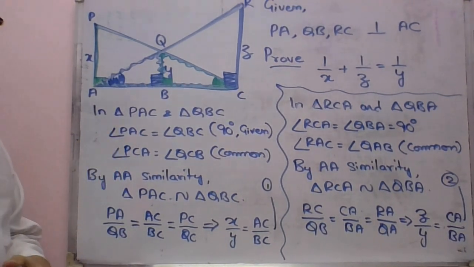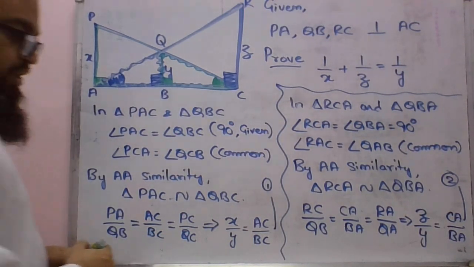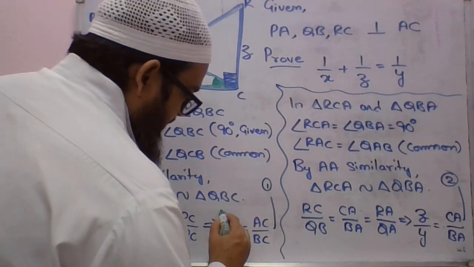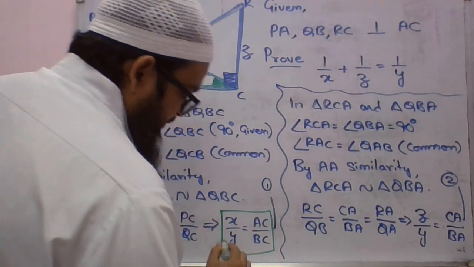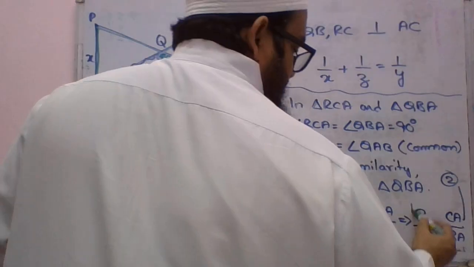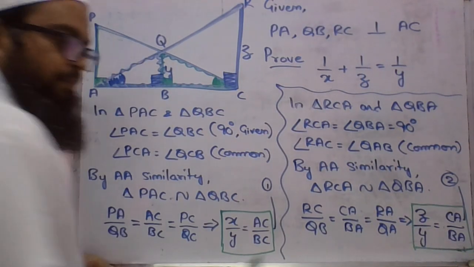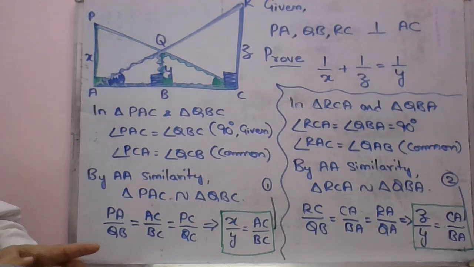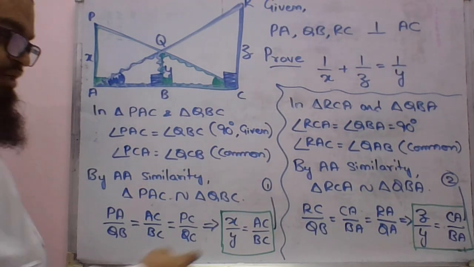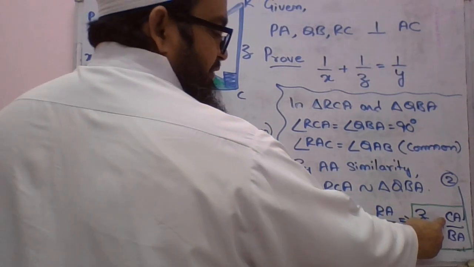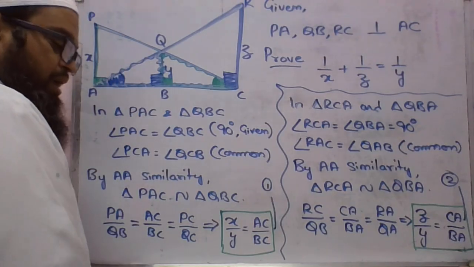Now, my dear students, what is the first equation here? The first equation is X by Y is equal to AC by BC. And in the same way, the second equation is Z by Y is equal to CA by BA. I can see something which is equal: AC and CA are the same.